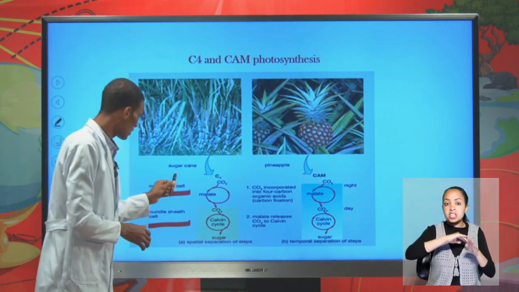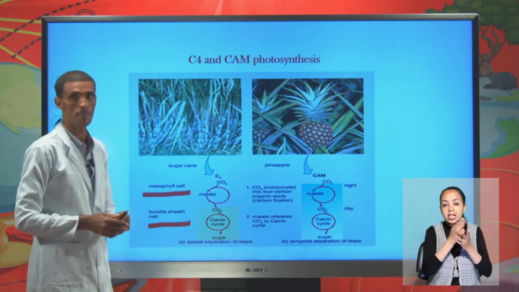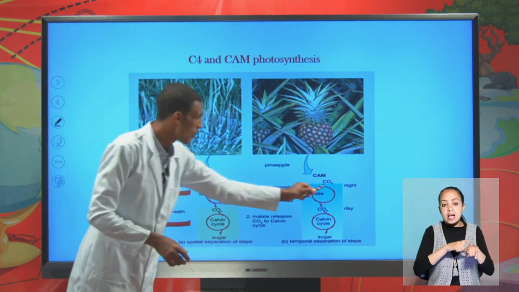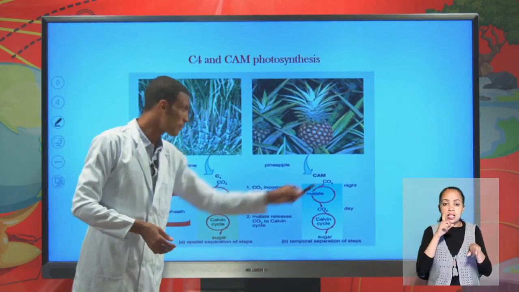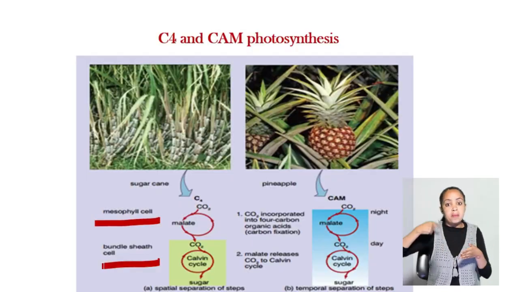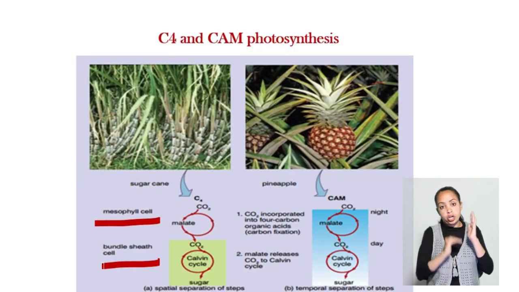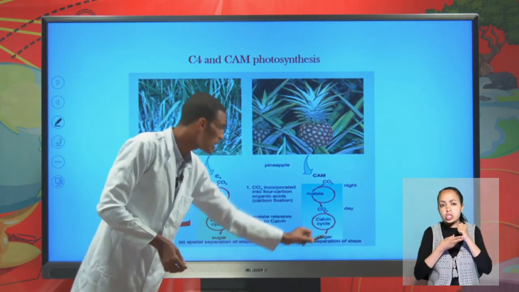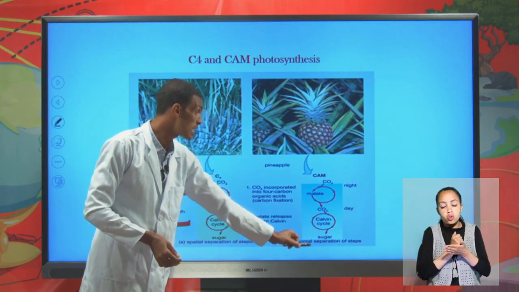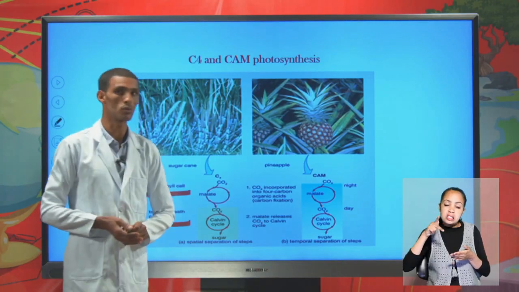And again here, this reaction takes place during the daytime, whereas in CAM, fixation of carbon dioxide takes place during the night time when the temperature in the leaf is reduced. And again, during the daytime, malate is released from the vacuole where it was stored, to continue the production of glycerate 3-phosphate and continue the process.